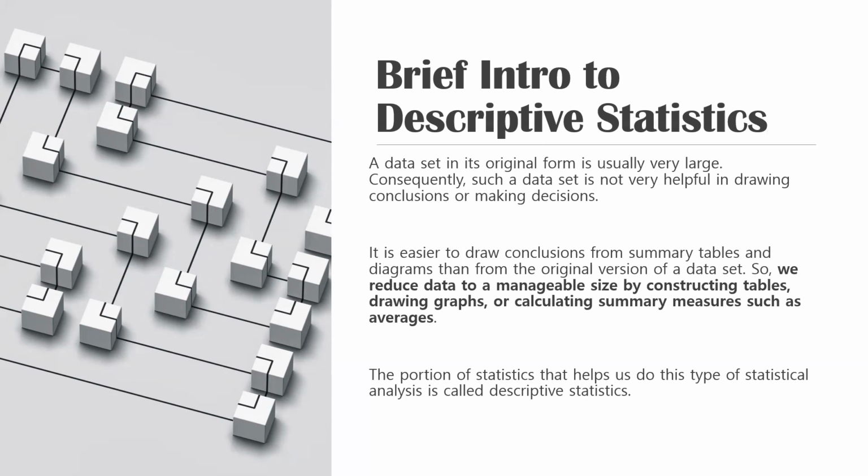Because if you're confronted with the entire data set, it may be very hard to read and very difficult to interpret. That's why we have summary measures and we have the ability to draw graphs to visually see trends of your data. So this portion of statistics that helps us to do this type of statistical analysis, that is called descriptive statistics.